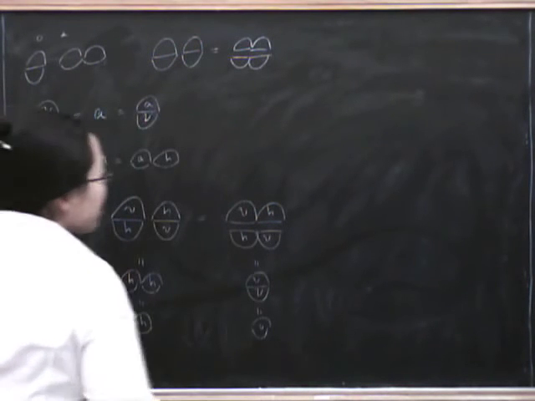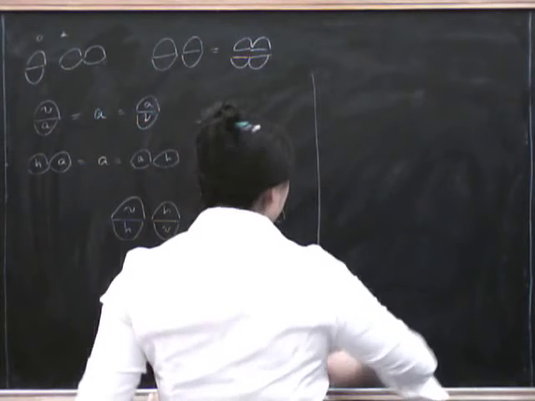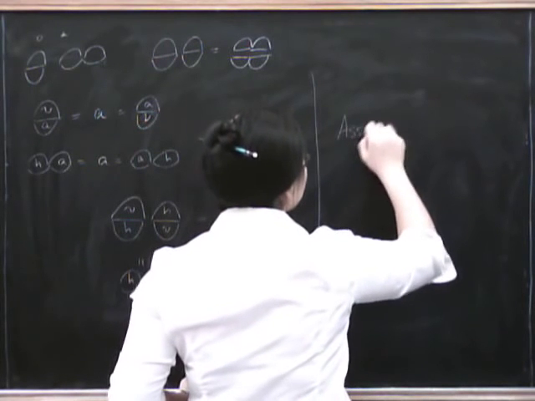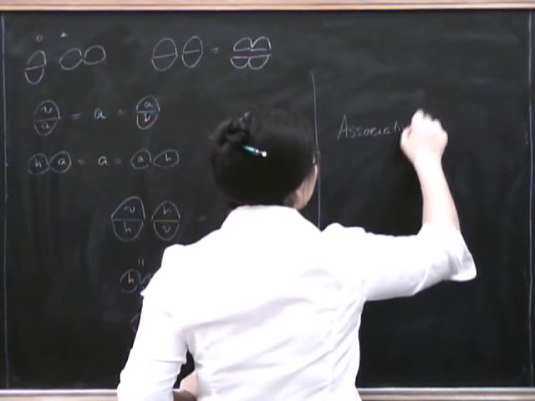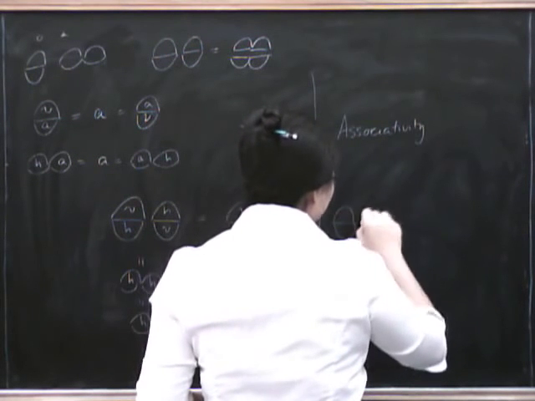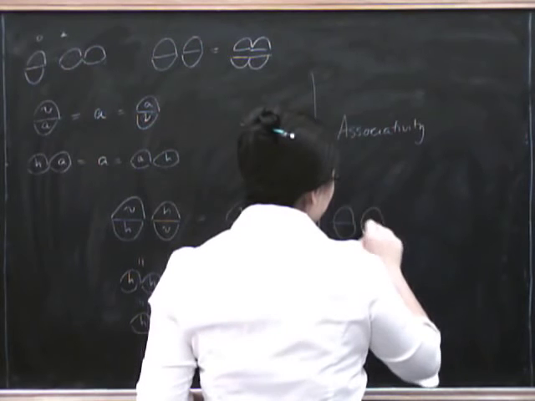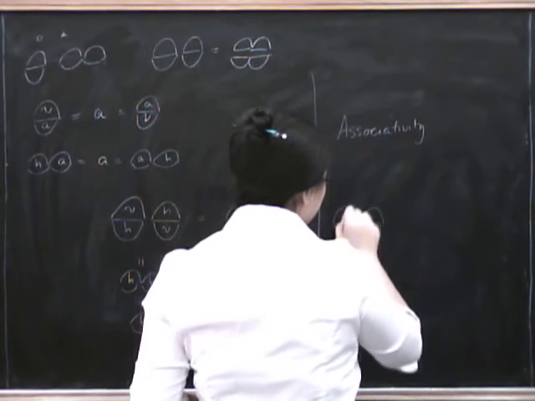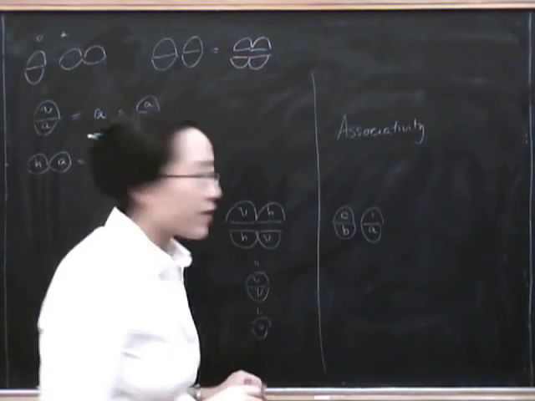Now we can do a similar sort of trick for associativity. But this time the thing that we're going to use has to involve an A, a B, and a C. So we're going to put our A here, our B here, and our C here, and a random unit there.